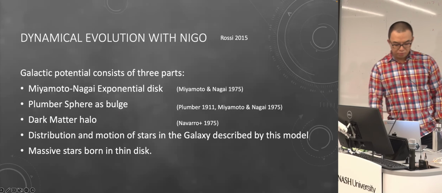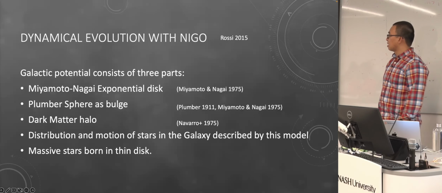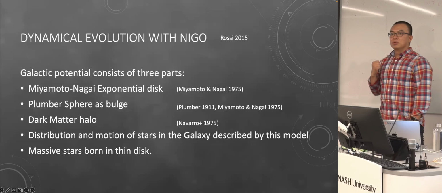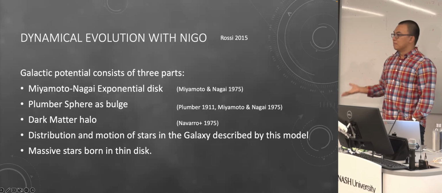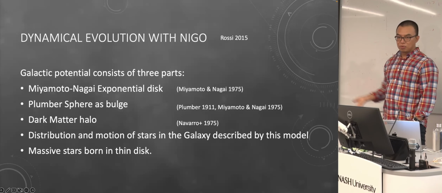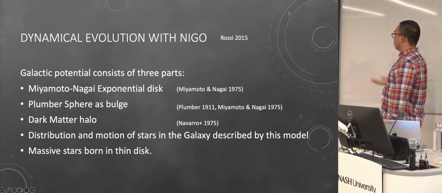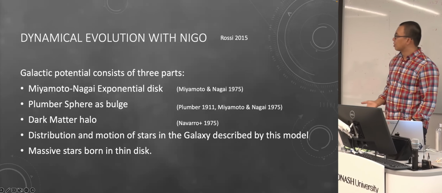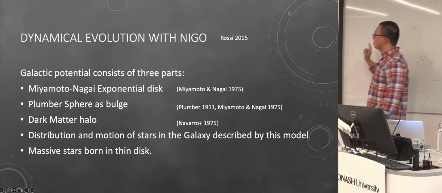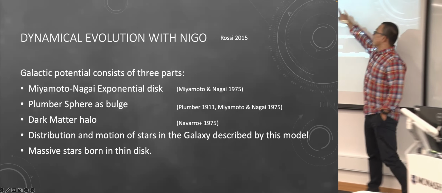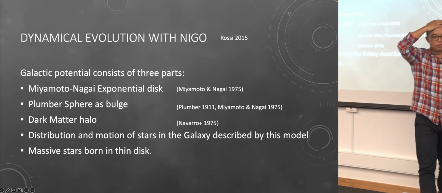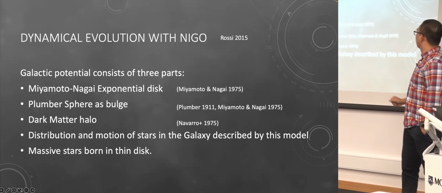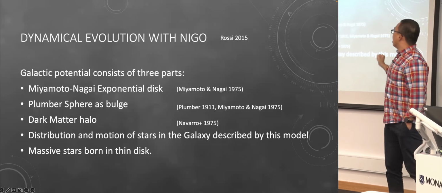We can then put the pulsars through some dynamical evolution to locate them in the galaxy and move them around according to some descriptions of the gravitational potential of the galaxy. This is done with a code called NIGO, short for numerical integrator of galactic orbits.